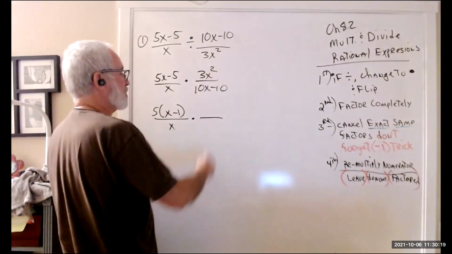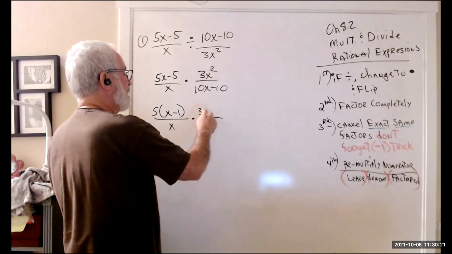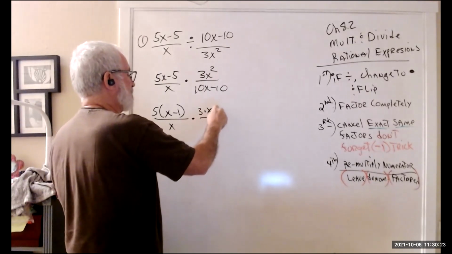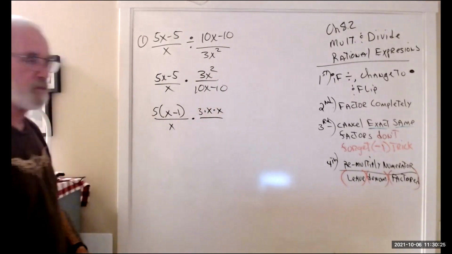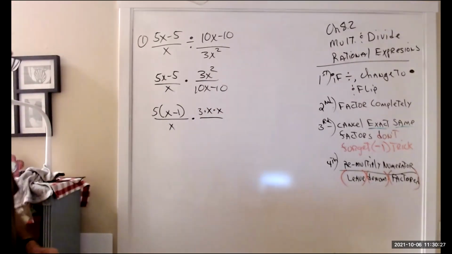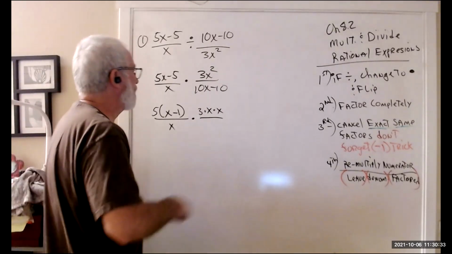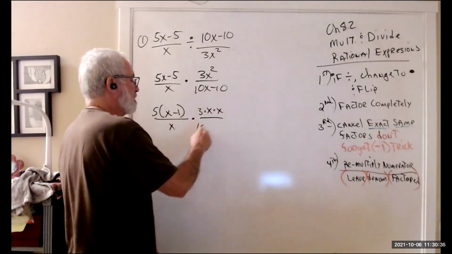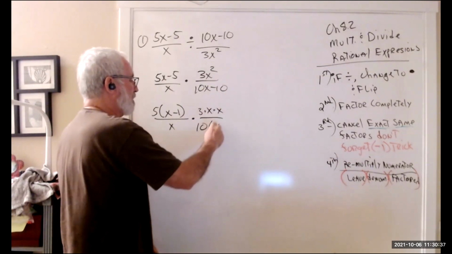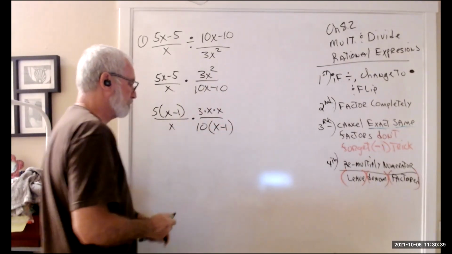When we say 3x squared, it's 3 times x times x. That's important. 3x squared means 3 times x times x. You'll see why it's important in a moment. The denominator, take out a 10, that also leaves x minus 1.